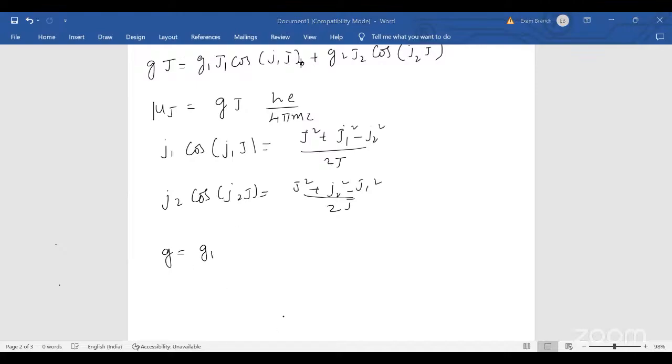So the GJ formula we can write, that is the Landé G factor.